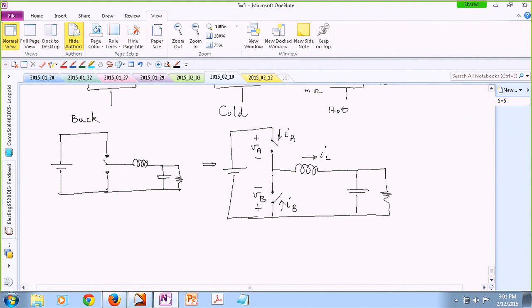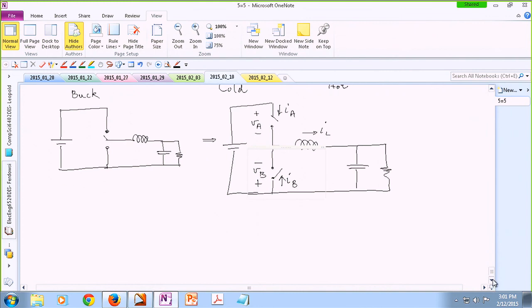All right, so I'm assuming that the inductor current is positive. But later on, we can actually look at another case where it may not be positive, meaning that we are looking at a bidirectional converter.